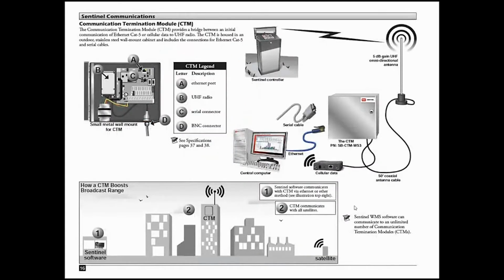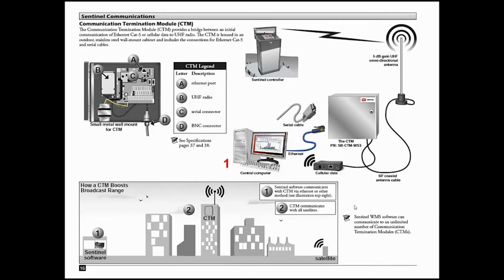In that design guide, this is one of the pages from it, as was the previous. This kind of gives you a little better explanation of what happens in the process of all this communication. I know it's kind of busy right there, but go to the middle of the page where you see your central computer. Everything originates at the central computer. So if you're initiating a command, say you made a change to a program, and you want that program to get downloaded to the controller, you're making that change in your software.